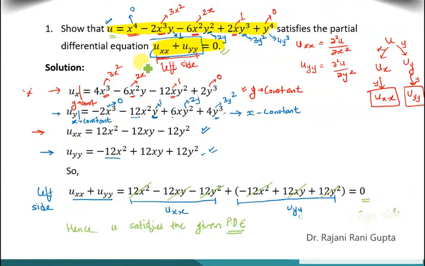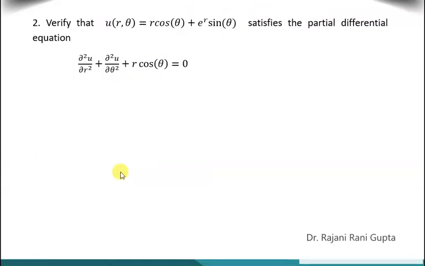So this is what you have to do. You can get it from the equation which derivatives you have to find. Now you can see that here it is mentioned to verify that u, which is a function of r and theta, satisfies this partial differential equation. It's not necessary that you always get the right hand side equal to 0.